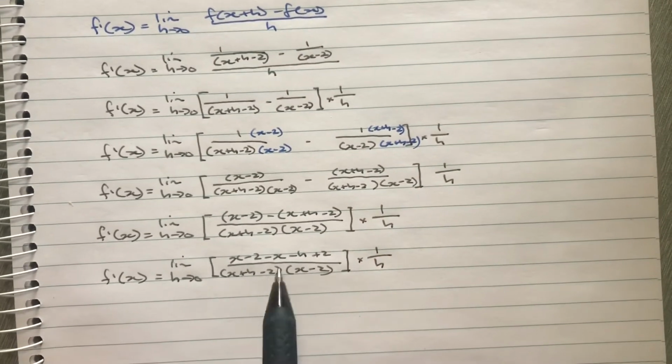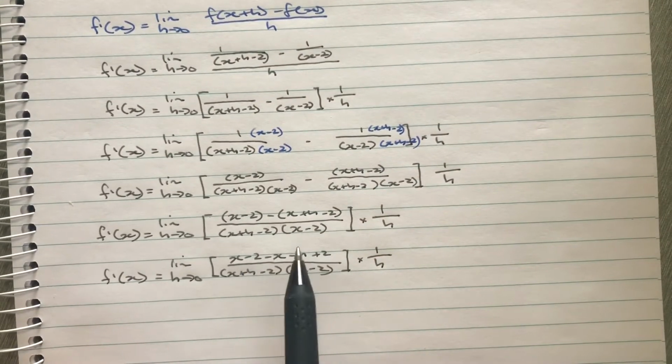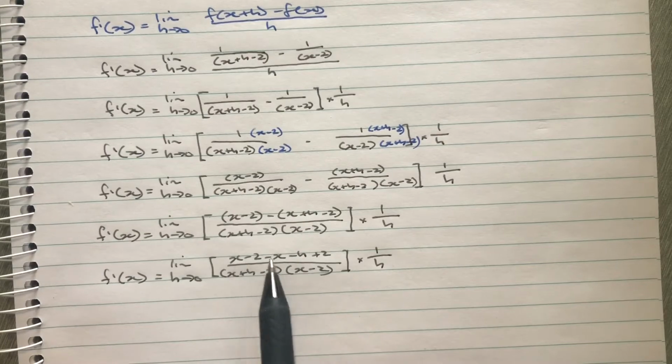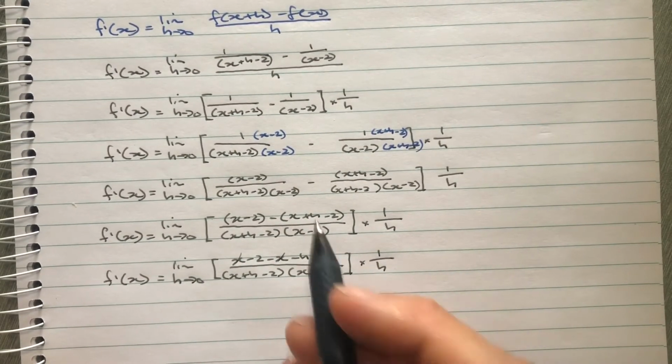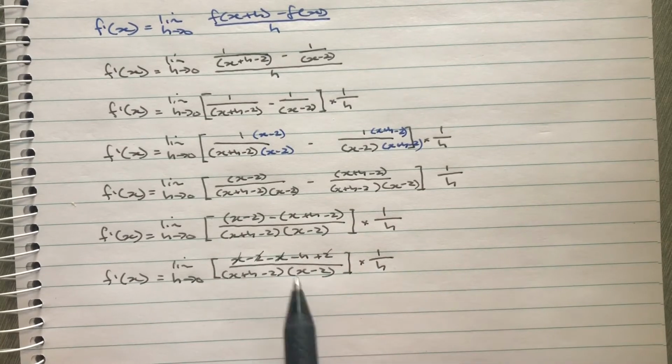Okay, so I expanded them out. Now we're going to be able to collect some like terms here. So we can see that there's an x and a minus x, so they're going to disappear. You've got a minus 2 and a plus 2, so they're going to disappear. The only thing you're going to have left up the top is negative h.